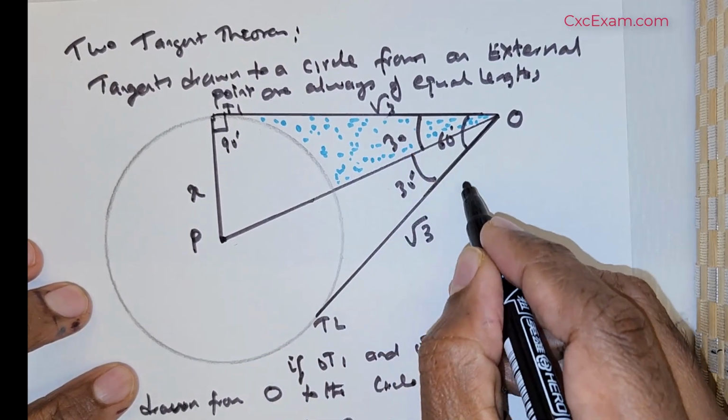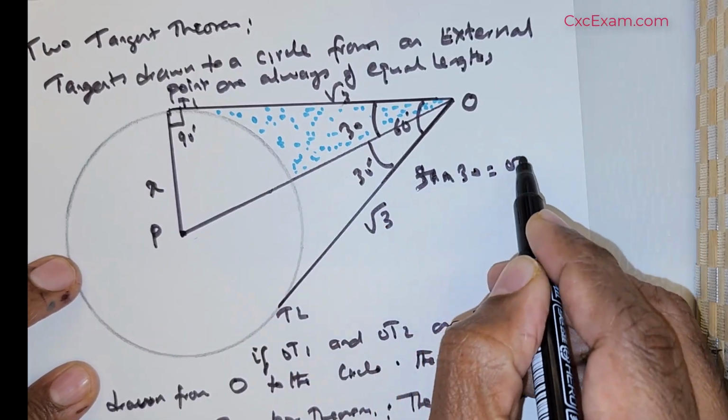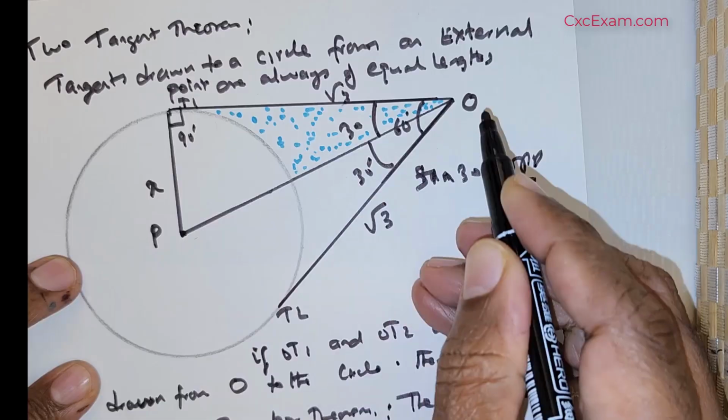So we will use not tan 30, I'm going to use sine 30. Sine 30 is opposite side by hypotenuse.